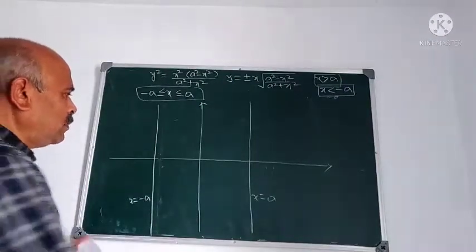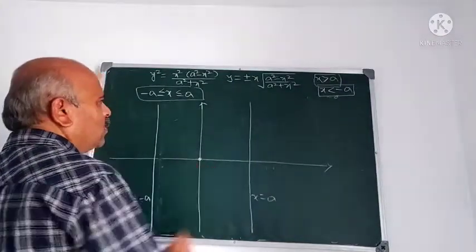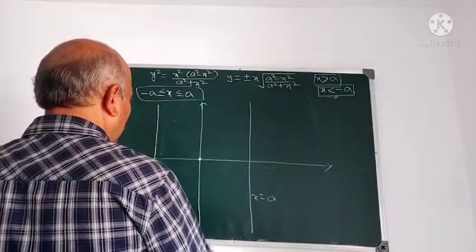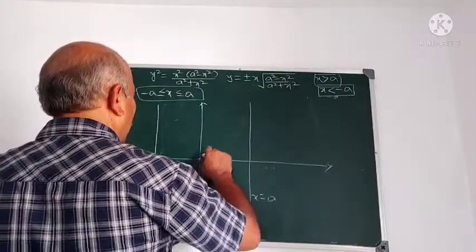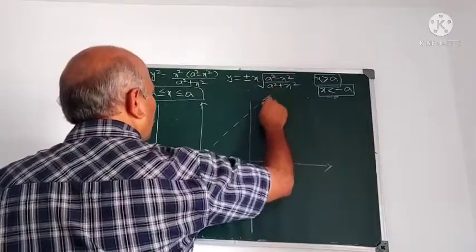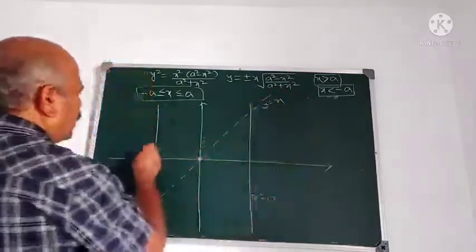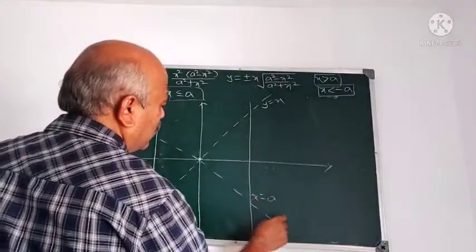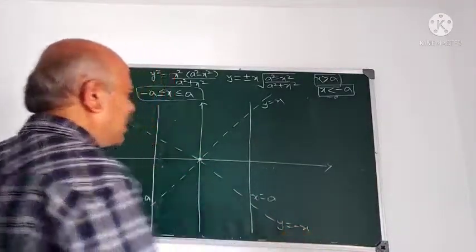And the curve passes through the origin. And at the origin, we have two tangents. What are they? y is equal to x and another is y is equal to minus x are the two tangents.